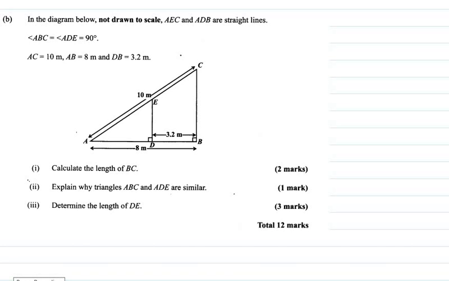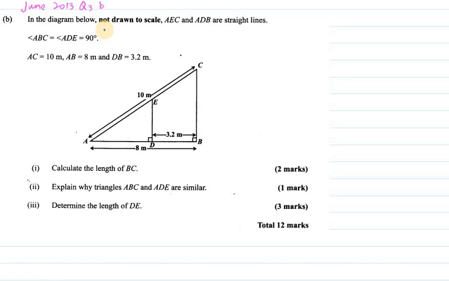Alright, this question is taken from June 2013, question 3, part B. In the diagram below, not drawn to scale, AEC and ADB are straight lines.